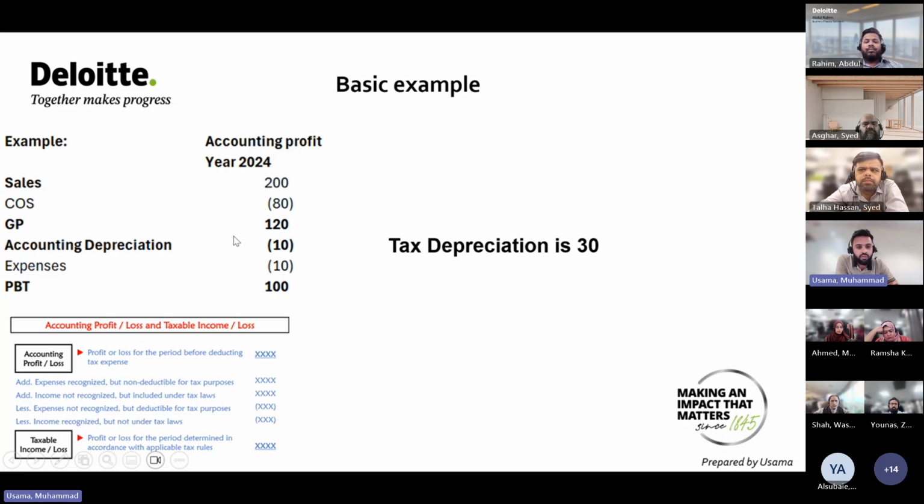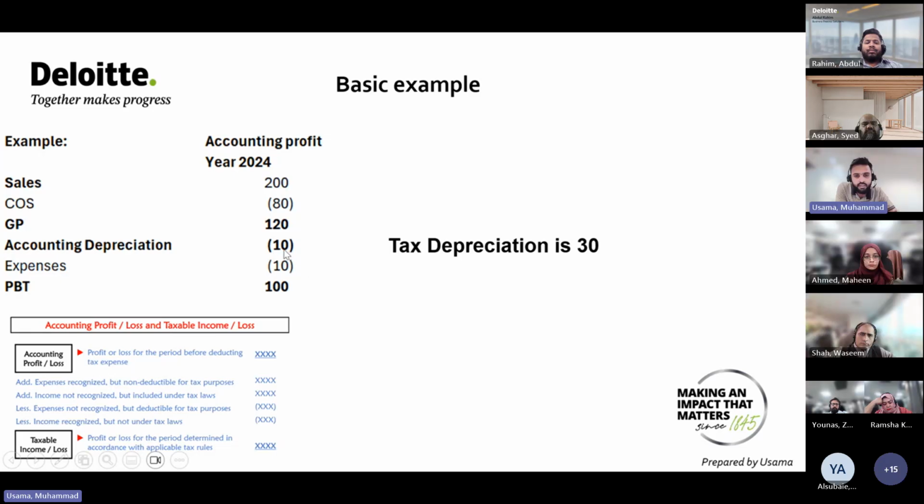So for revising our computation, taking this example here, we first take the PBT, profit before tax, which is 100. Then we need to add or deduct the admissible and inadmissible expenses. Here, the accounting depreciation is not covered under the tax law, so we need to add it back. So 100 plus 10 will be 110.